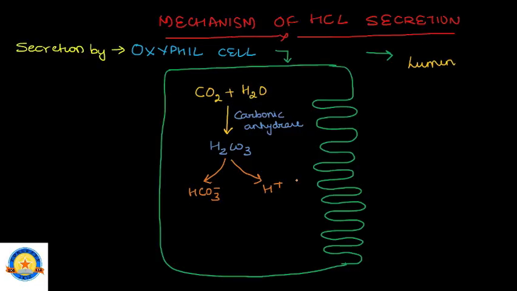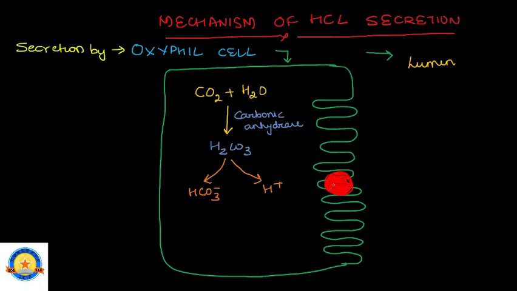Now we need some channels or transporters. So we'll make one channel, in red color, here on the luminal side, near the gastric gland lumen.